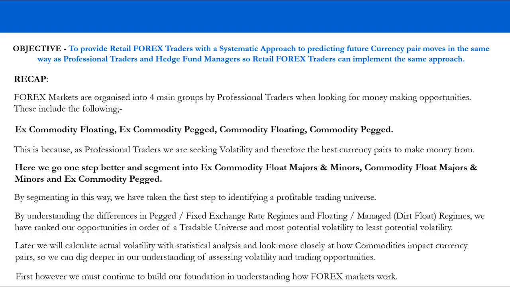And understanding the differences, as we have done in this video, between pegged or fixed exchange rate regimes and floating or managed dirty float regimes, we've ranked our opportunities in order of a tradable universe. And we've also ranked them potentially in a way that creates a volatile to least volatile ranking in the set.